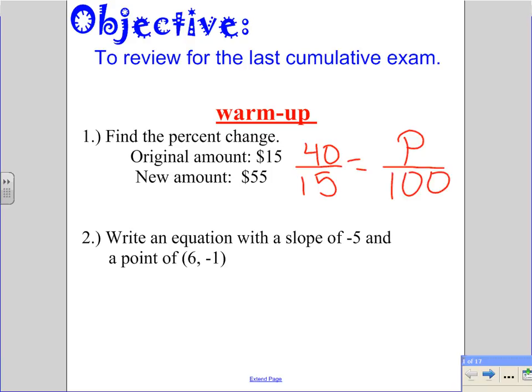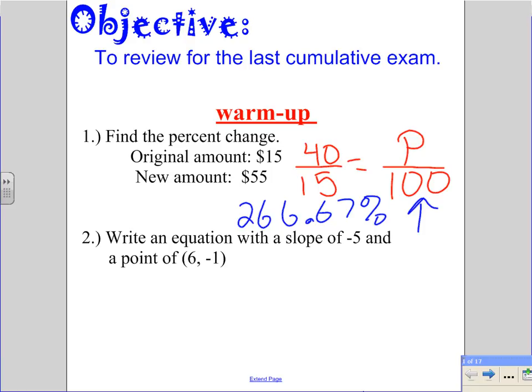So it's always the amount of increase or decrease over original equals percent over 100. So someone besides Abigail, what did you get when you solved that? Amberly? Good job. And is it an increase or a decrease? Amberly? Good job. Okay, so 266.6 repeating percent. On the test tomorrow, make sure you indicate whether it's an increase or a decrease.